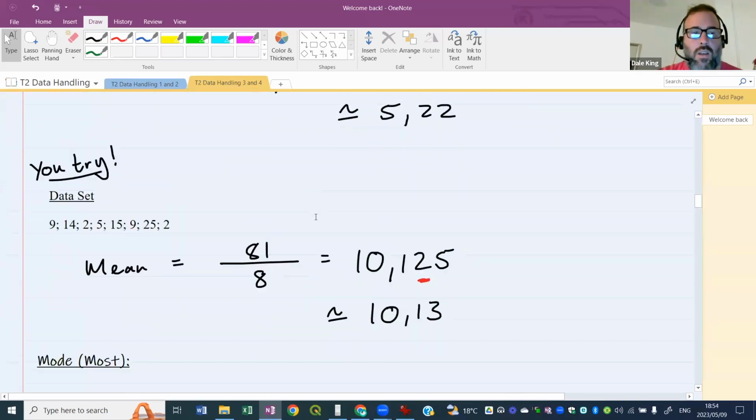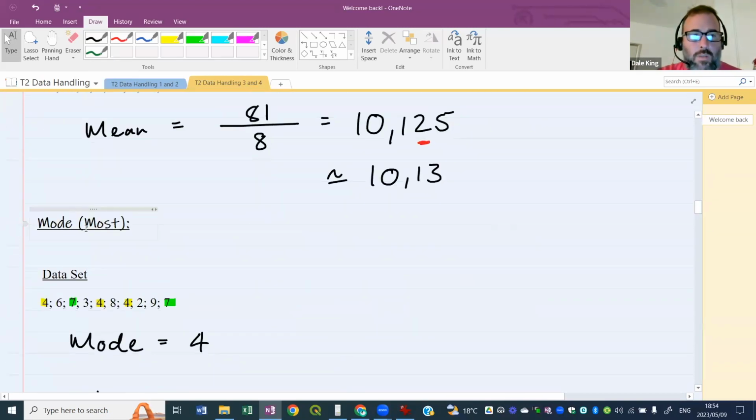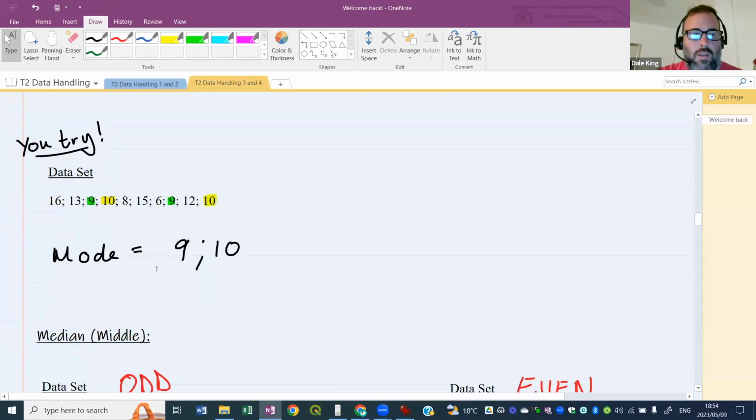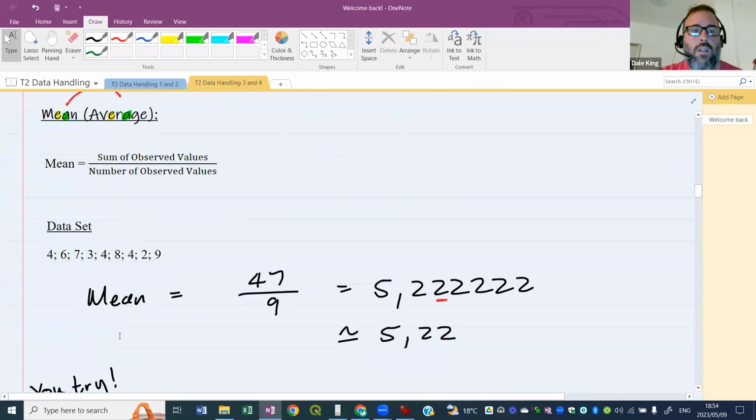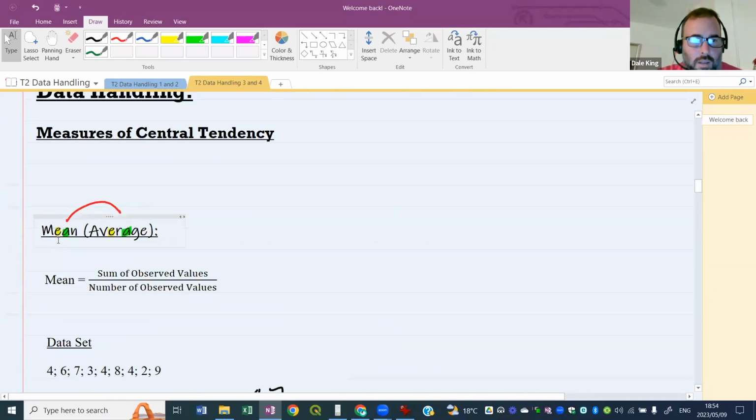So I suggest the combination of the two words, mode, most, median, middle. If you get those two right, at least, then you'll know exactly which one will be the average. Usually in the word mean, there's an E and an A, and in average, there's an E and an A. In fact, there's two E's and two A's. The word average is full of E's and A's.